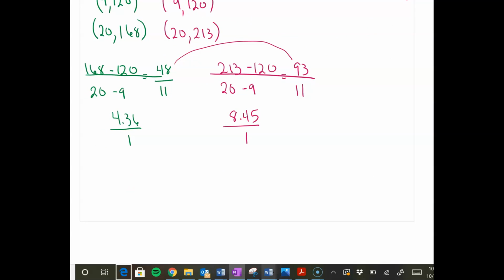So let's finish up the one in pink. Runner B is running 8.45 miles per hour. And in green, we know that the other runner is running 4.36 miles per hour.